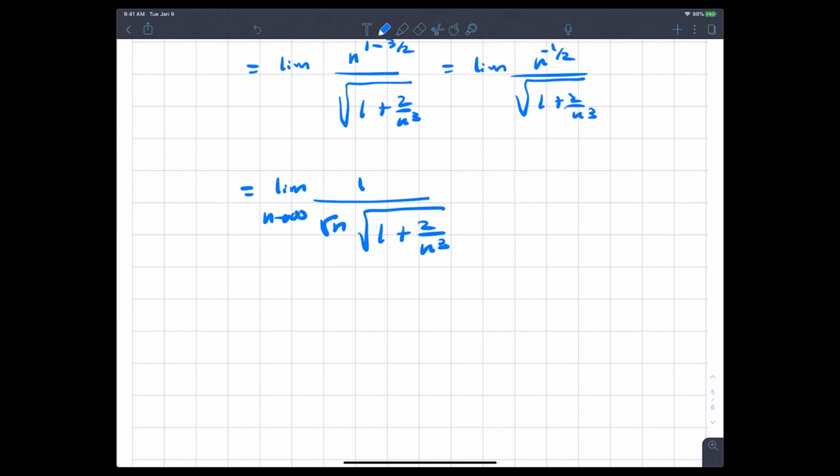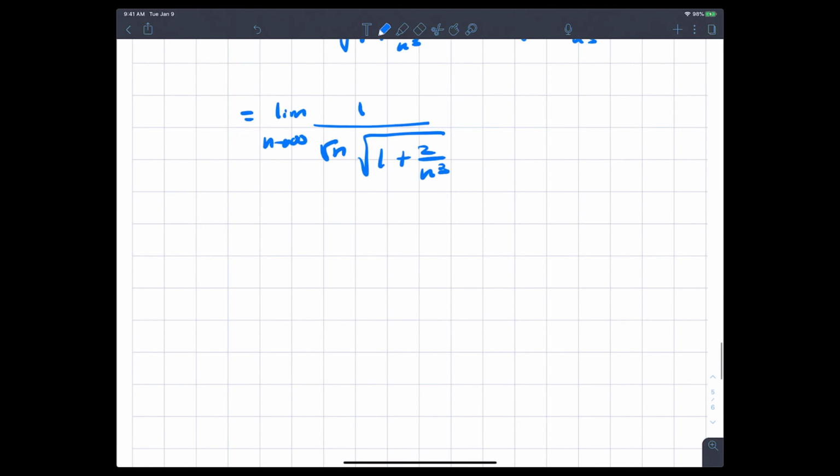Okay, so I can look at this a couple of ways. I can actually split this up and say that we have the limit of 1 over the square root of n times the limit of 1 over the square root of 1 plus 2 over n cubed, as n gets big.